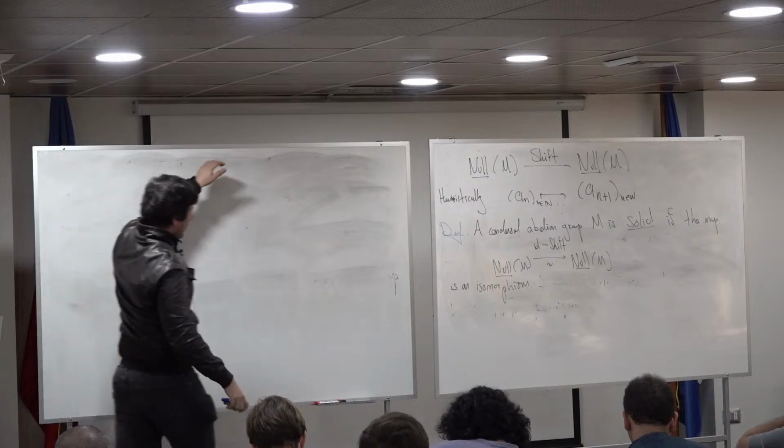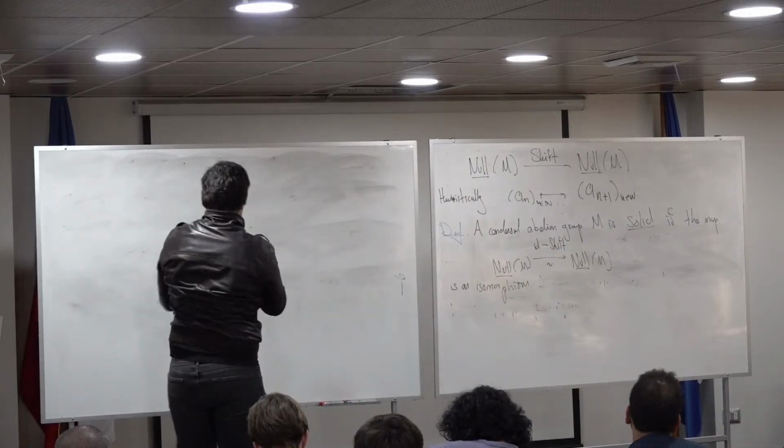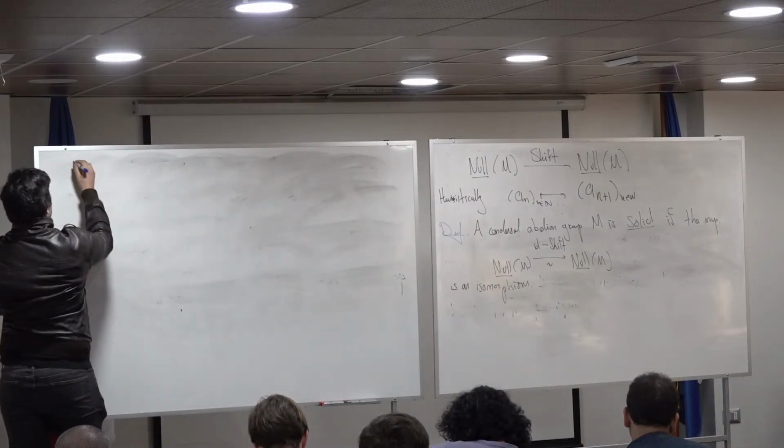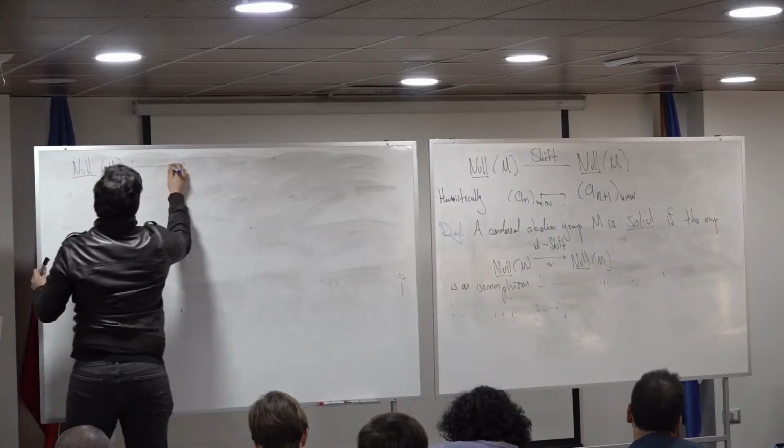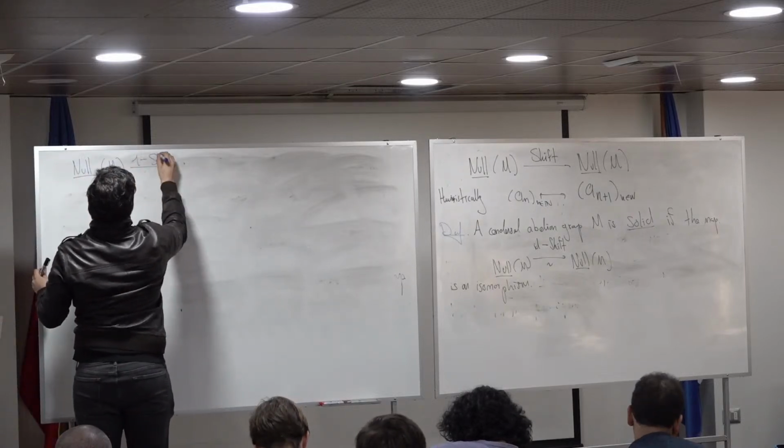To see that, let me just rewrite this map here. Let me write identity just by 1.